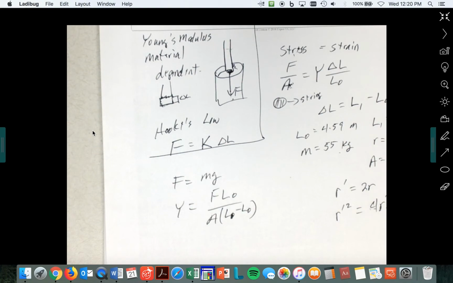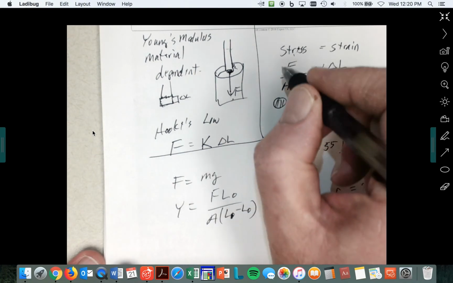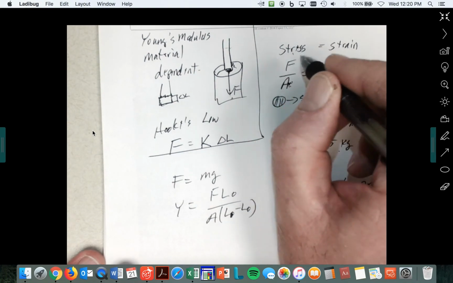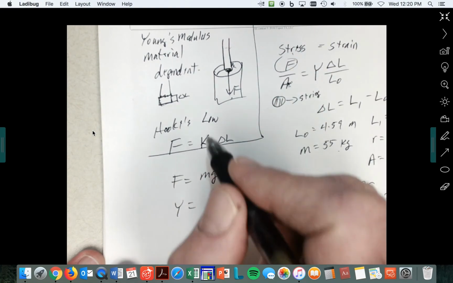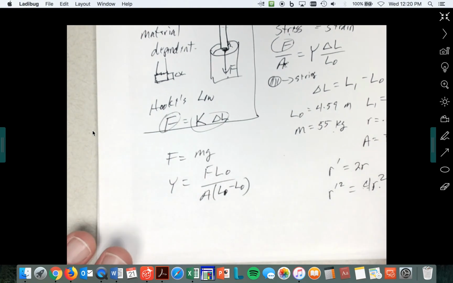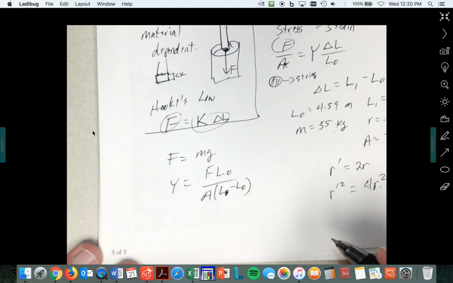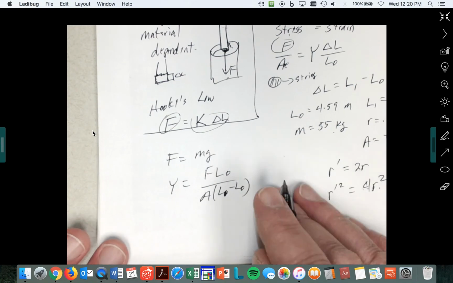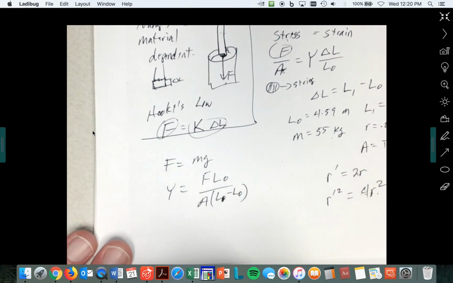So what I'm going to do is take this F here and set it equal to k times delta L, and then take it from there and solve for k. That's the simple thing that we're going to do, where delta L is now equal to d.